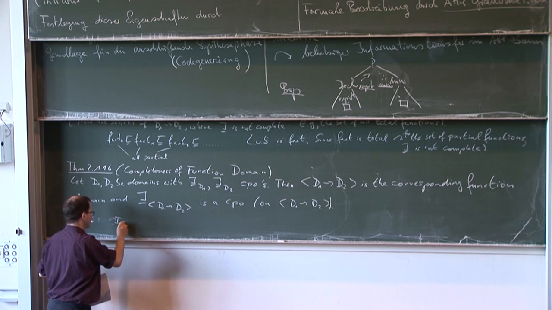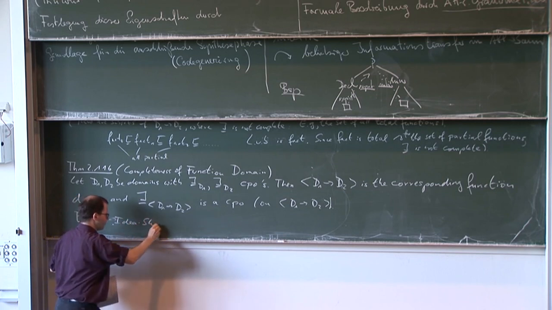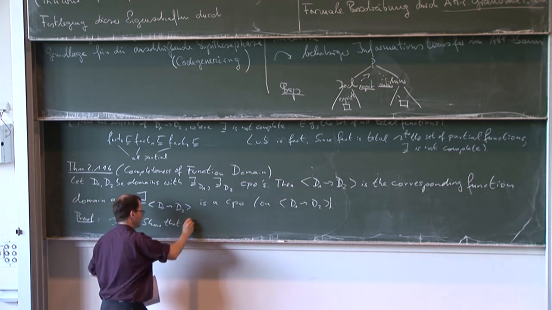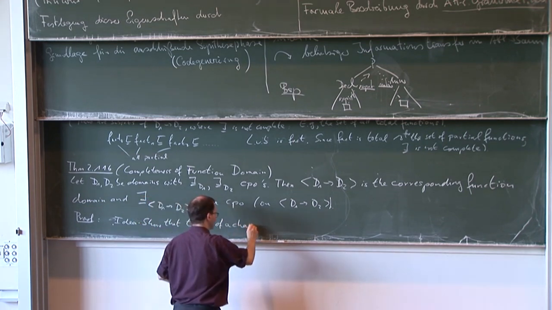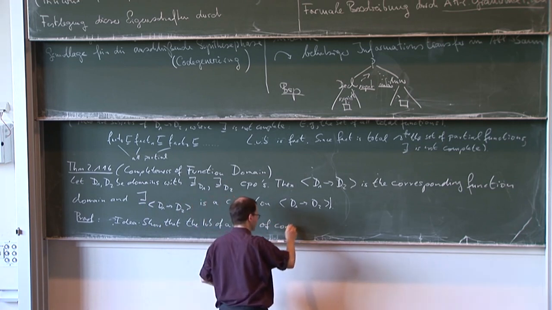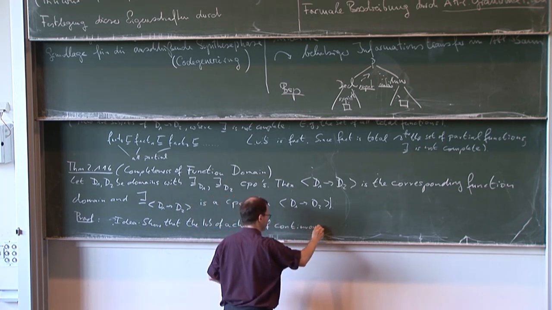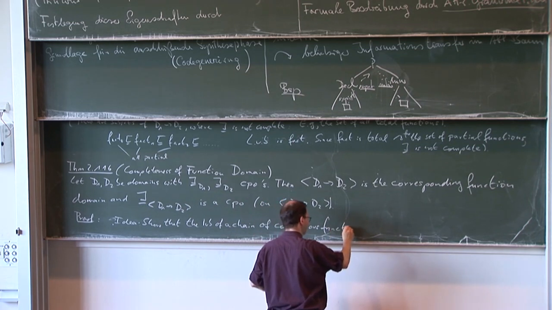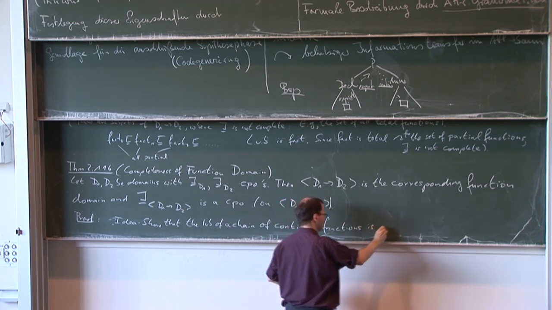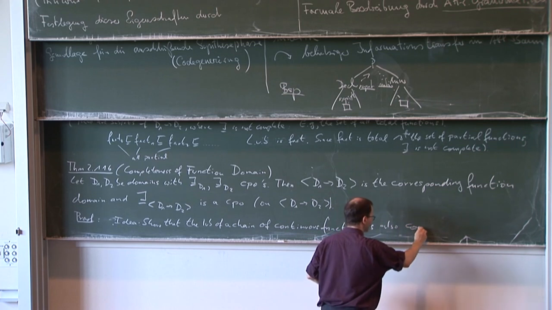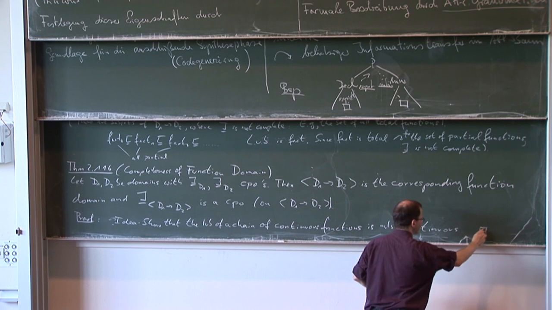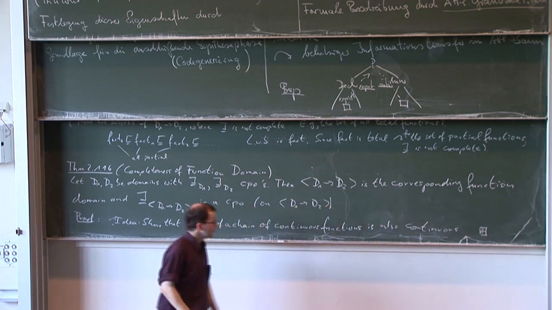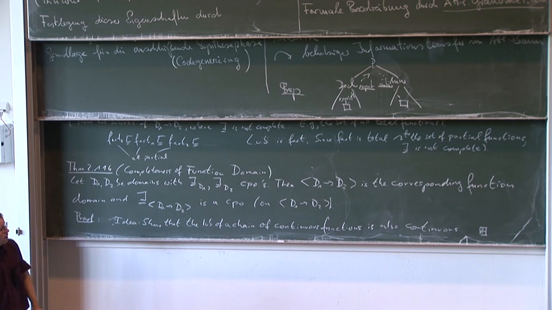So the idea is to show that the least upper bound of a chain of continuous functions is also continuous. Okay, so I omit the proof here, but in the course notes you can find it.